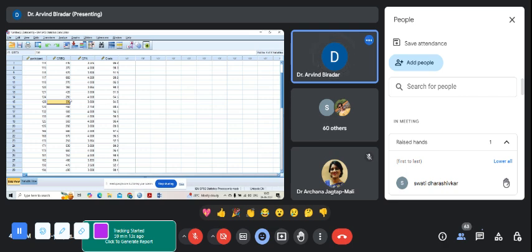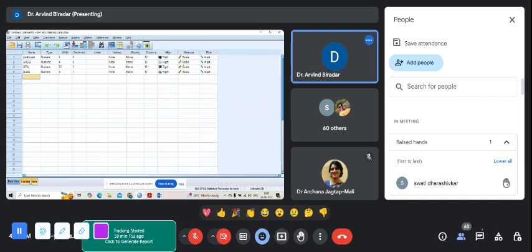Here the participant values are there. The ID doesn't carry any meaning for this one.